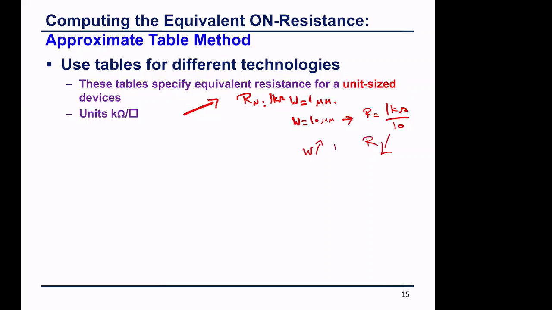The current increases and therefore the resistance is going to drop. Okay, we said R is already V out over I, and I is really some function of W. So if W increases, R is going to drop.